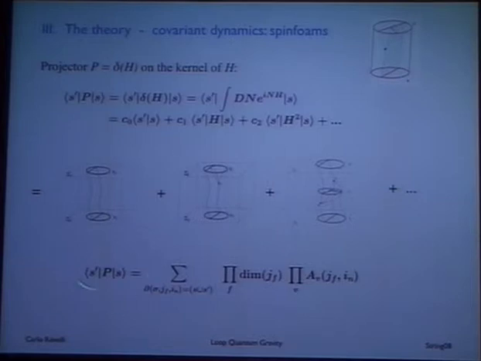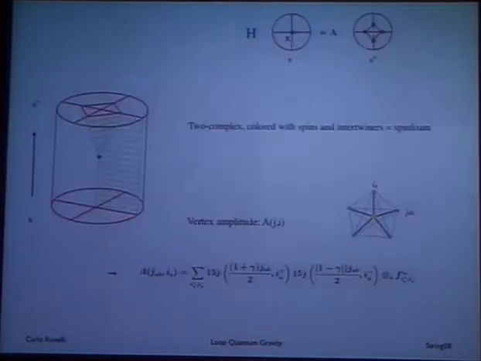The result is that you can write the amplitude as a sum over histories of spin networks, where the amplitude comes from the action of the Hamiltonian constraint on a discrete set of points. These histories are what is called spin foams.